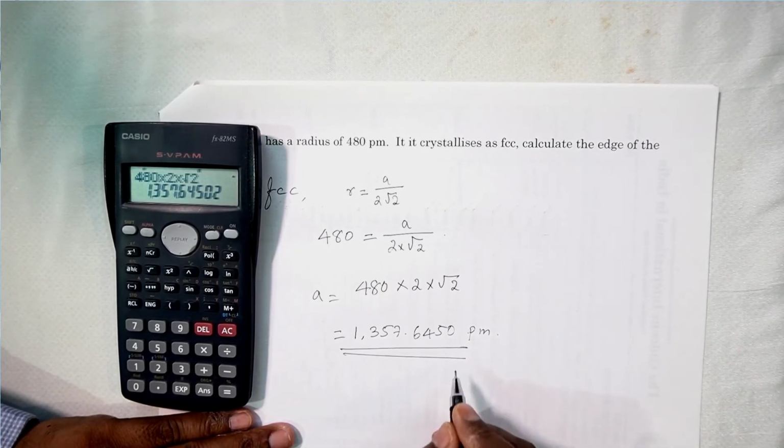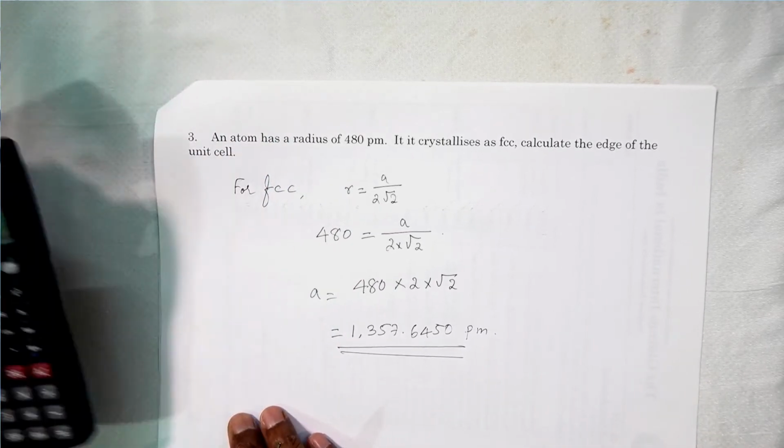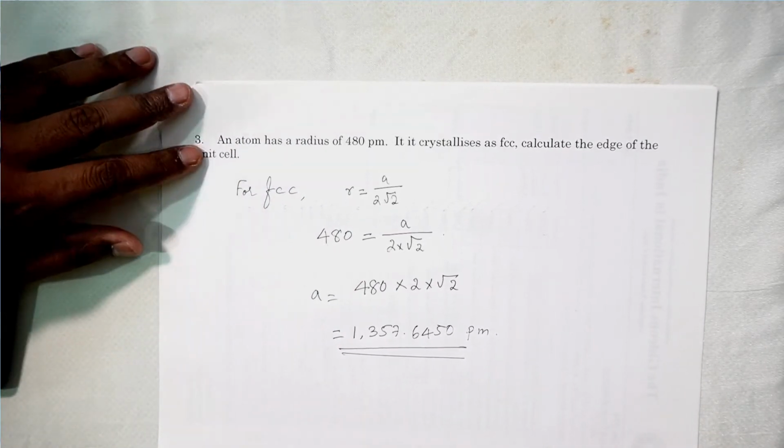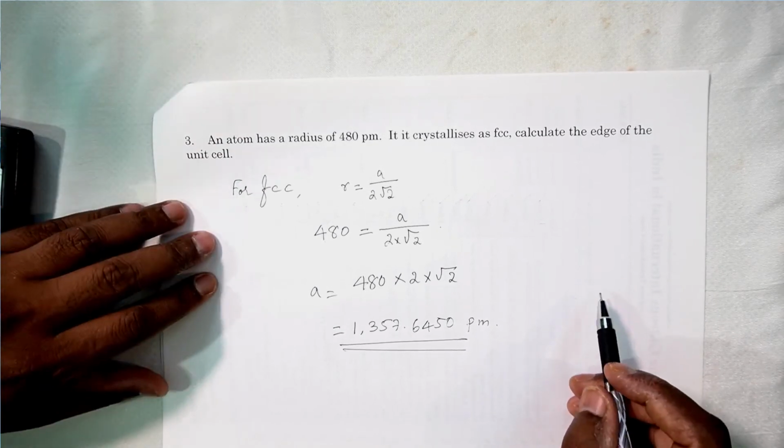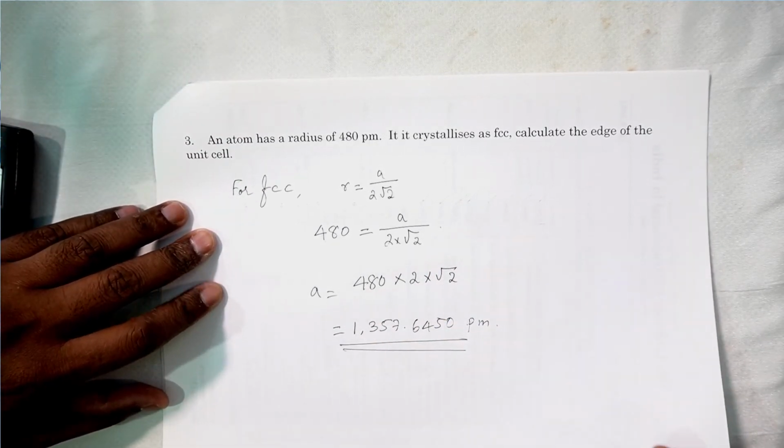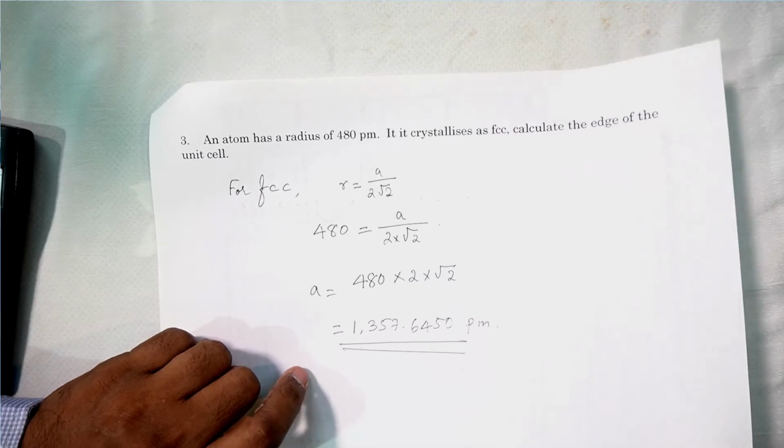So this is the edge length of the crystal. This problem is also very clear, because the formula is there, straight substitution. Once substituted, you calculated the value.